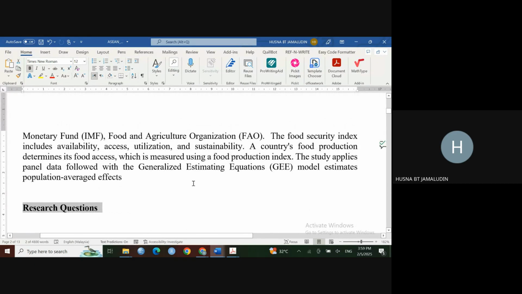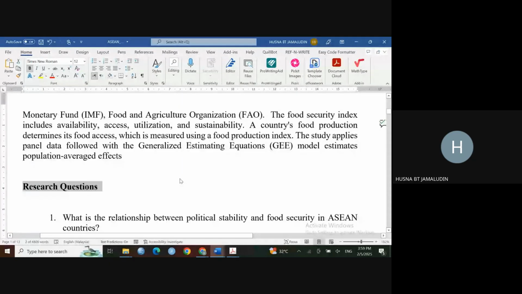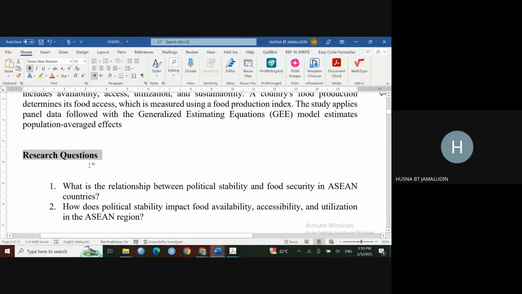As I mentioned to you, from your introduction you simply jump into the research question, and there is no connection. So you have to use some connecting words so that people can see there is a flow in your study.